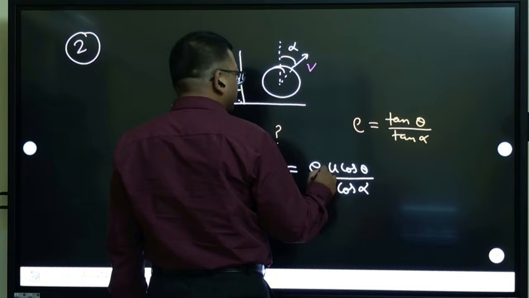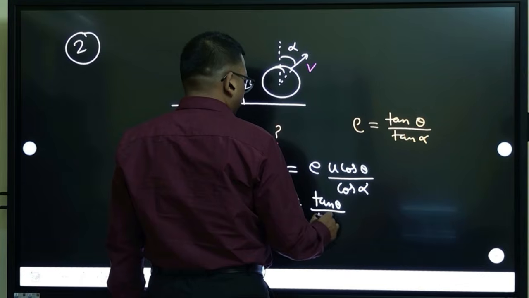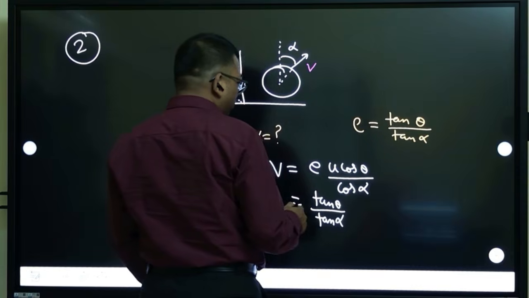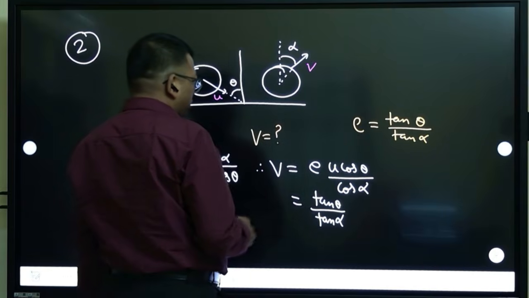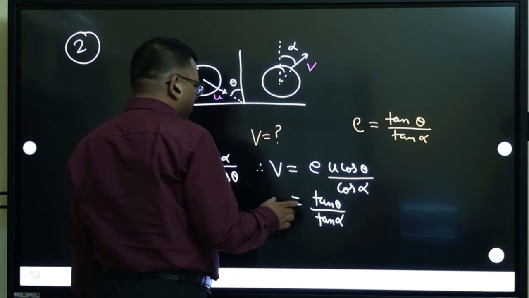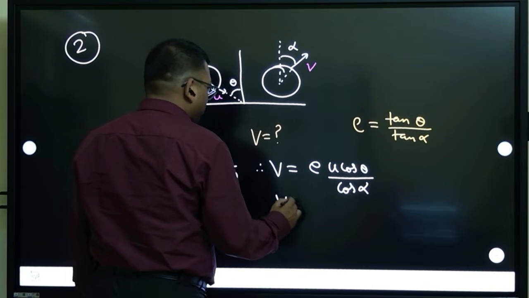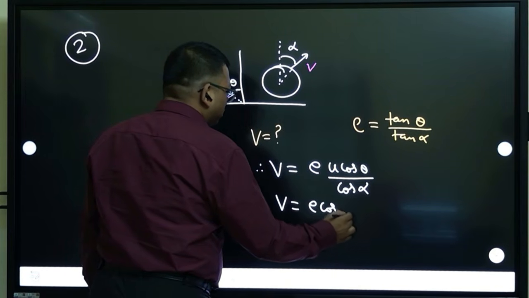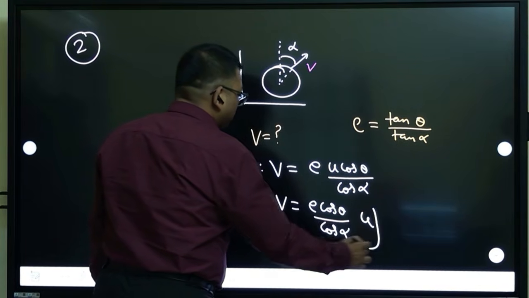Now E you can substitute, E is tan theta by tan alpha, or you have to get the answer in terms of E only. Then this is the answer: V is equal to E cos theta by cos alpha into U. Check the answer.